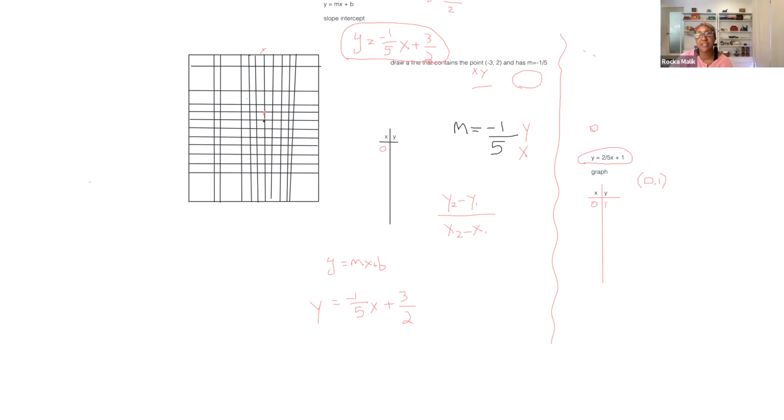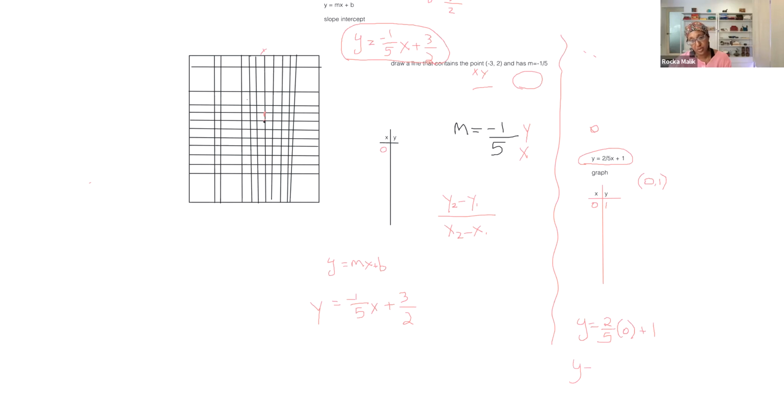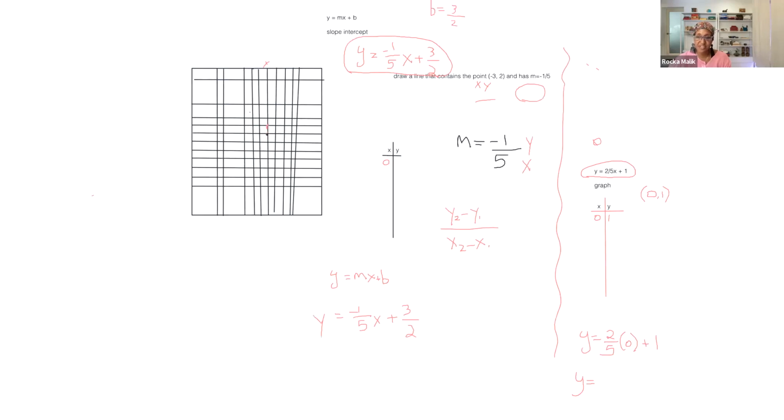If I have this equation and I plug in x at 0, I have 2/5 times 0 plus 1. I like to use up everything and just write the equation over. 2/5 times 0 is 0.